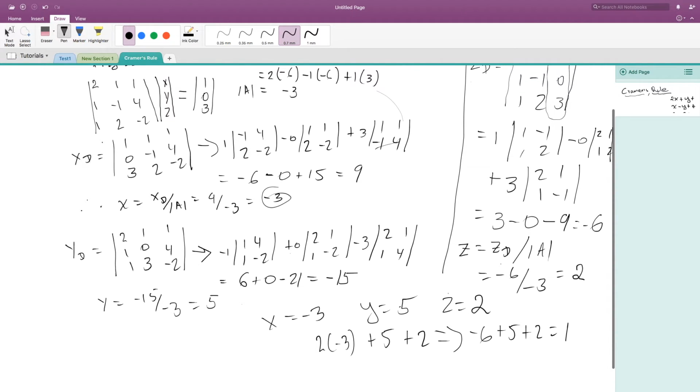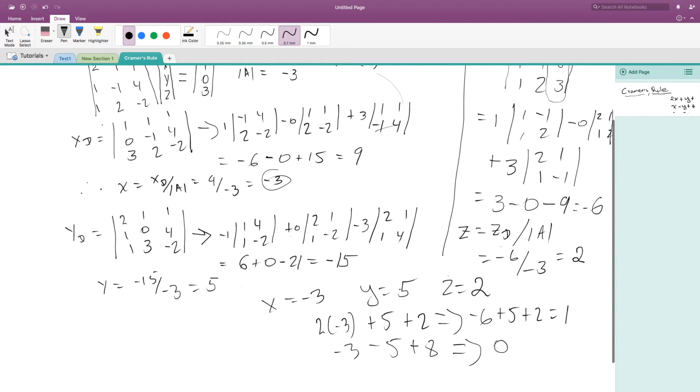I'm going to try this with the second one. Minus 3 minus 5 and 4. So plus here 4 times 2 is 8. Well, you see that this is minus 8 plus 8, which is 0.